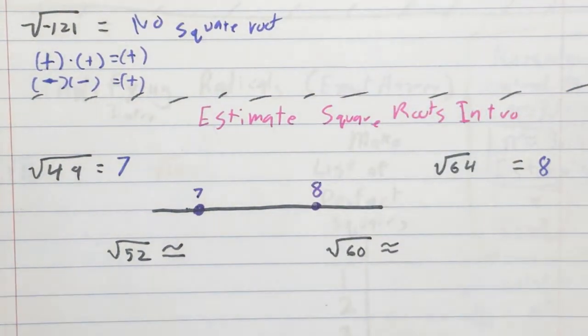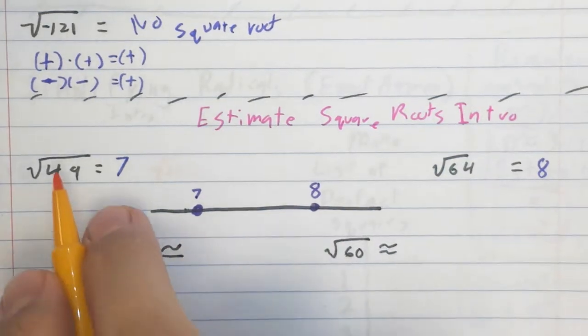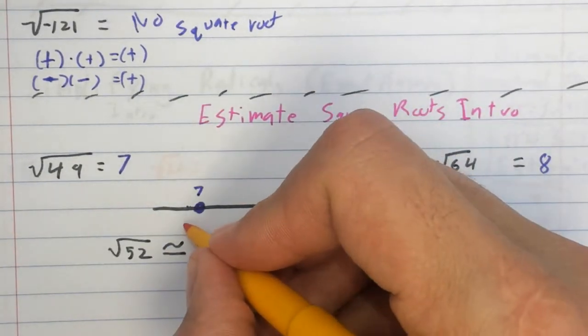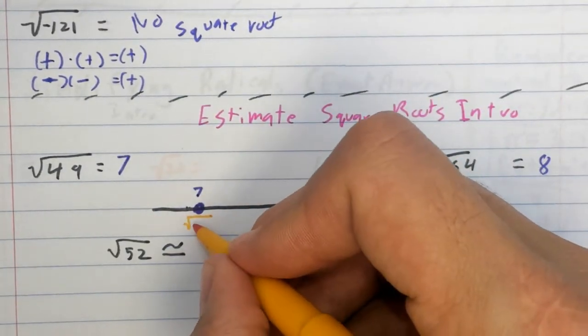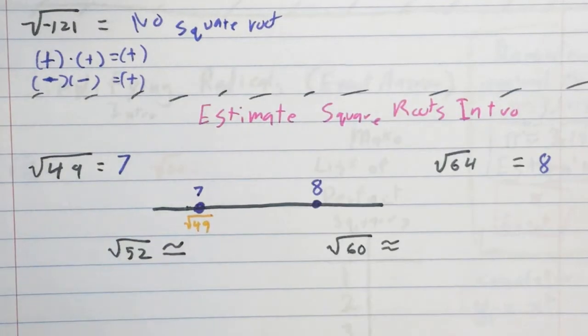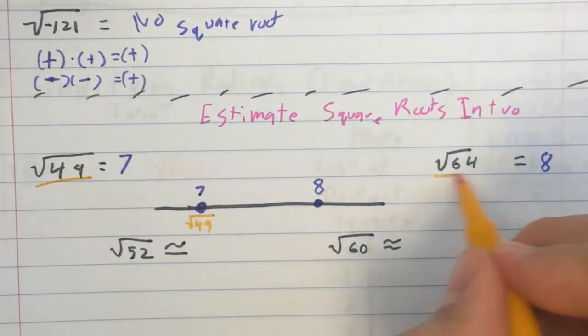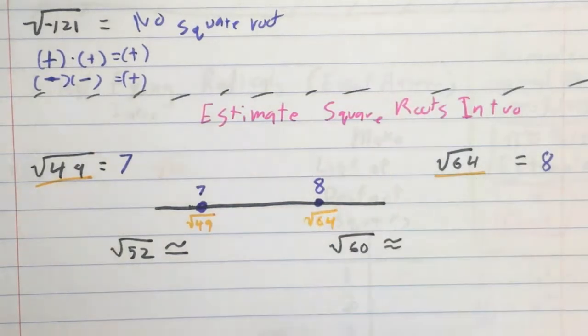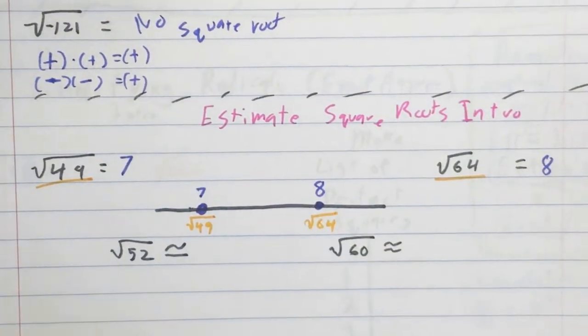Now, the reason that I have this number line is so we can place both of these. The square root of 49 is 7, so this point right here is also the square root of 49. And the square root of 64 is also that same point on the number line.